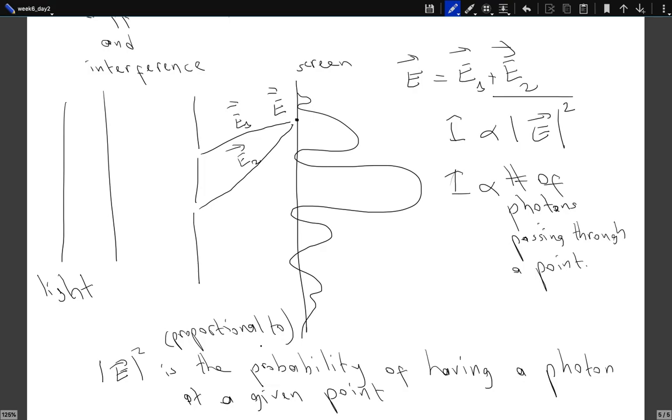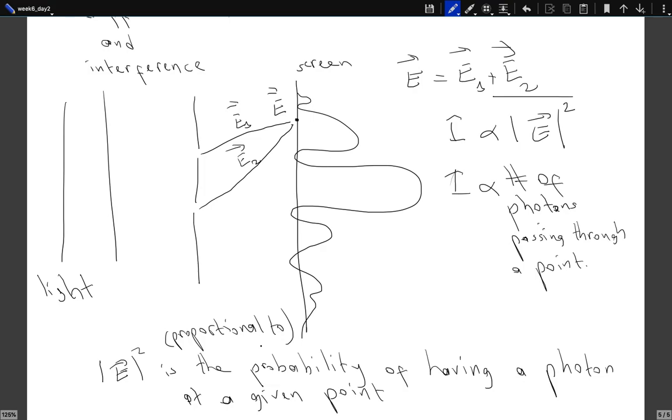But since E squared at this point is almost 0, the probability of having a photon at this point is 0. So no photon reaches that point. No photon goes in that direction. So that will be the way how we interpret this interference pattern in terms of photons.